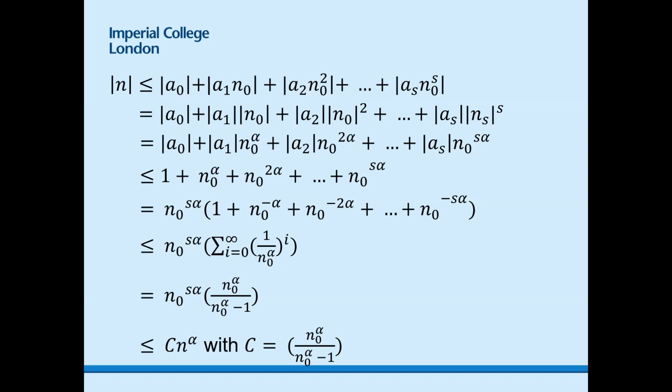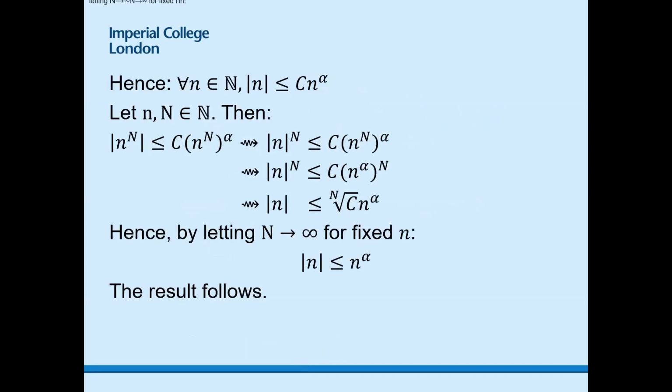So, a lot of inequalities and relations here. But the result that we get is that for any natural number n, the norm of n is less than or equal to c times n to the power of alpha for some constant c.